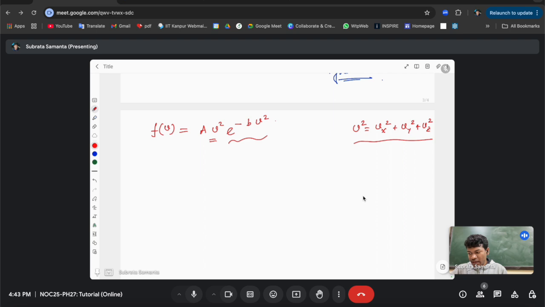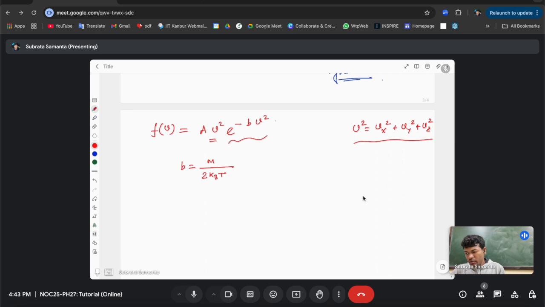So now what are A and B? This B is basically m over 2 kB T, right? And A, so now I want to compute A.